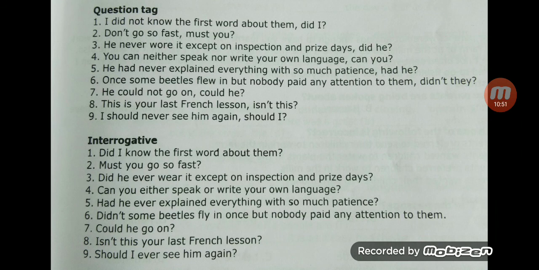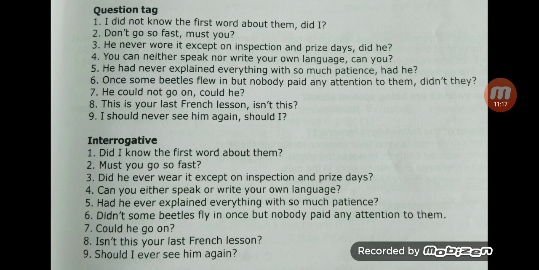In the question tag, these are actually the answers of the earlier questions. See the first sentence in question tag: "I did not know the first word about them. Did I?" It was the answer, right? So in interrogation, you have to frame the entire question: Did I know the first word about them? So basically when you are writing interrogation, first you have to think what question tag will come.